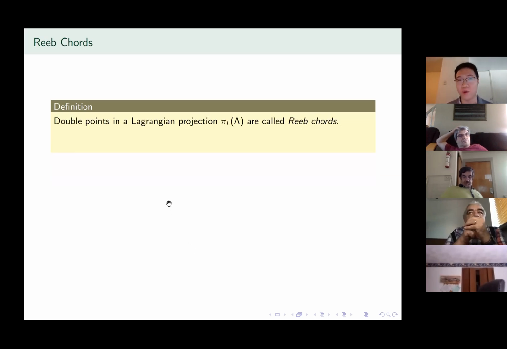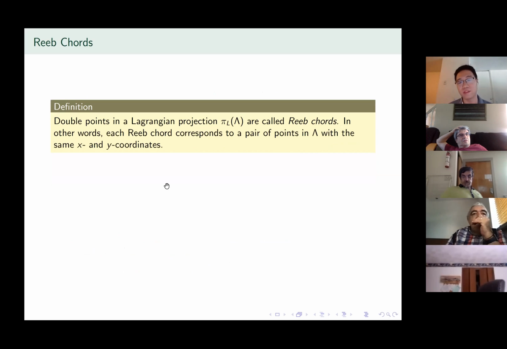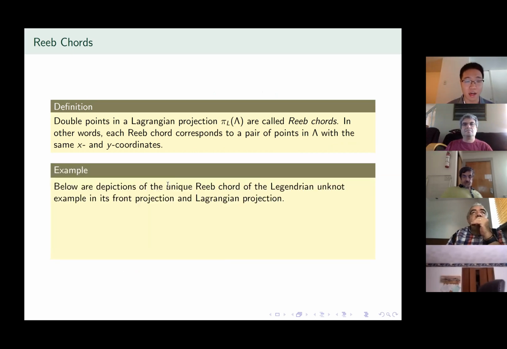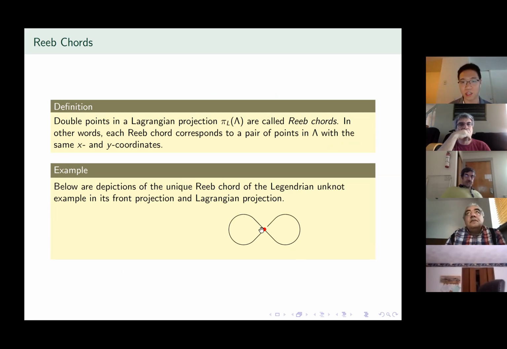Next I want to talk about ripcords. Double points in the Lagrangian projection are called ripcords. In other words, ripcords are pairs of points that have the same x and y coordinates. Let me use a knot case to depict what the ripcords look like. In the Lagrangian projection, there's a double point, where you see the crossing.